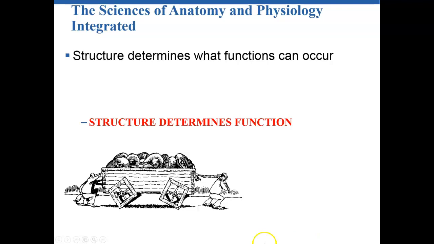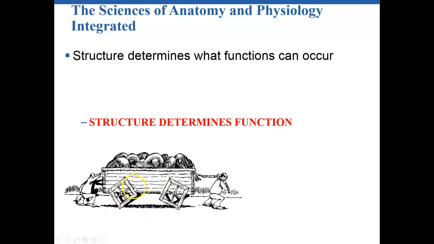So I like this picture. I found it on Google Images. It's a picture of three people, I'm sorry, moving a wagon full of what looks like wheels. So when you're looking at this, you see that these wheels are very square. Well, their structure doesn't really work with what the function's supposed to be.